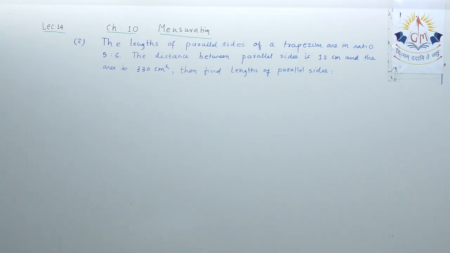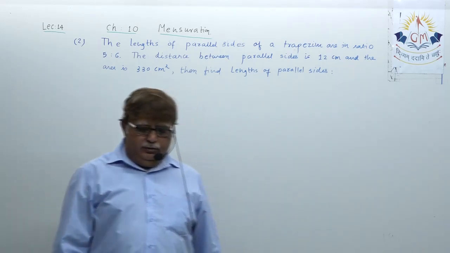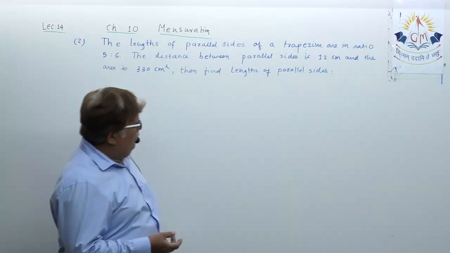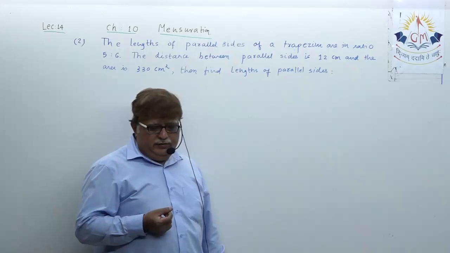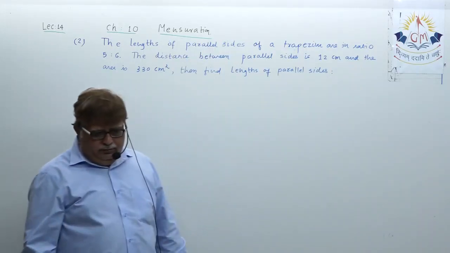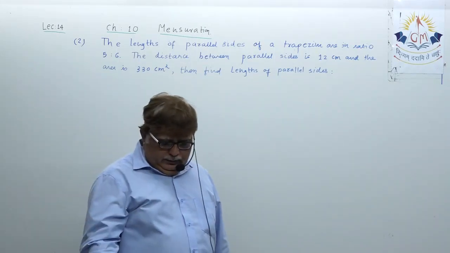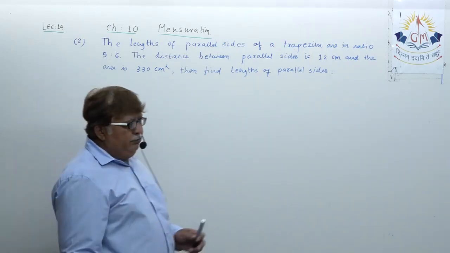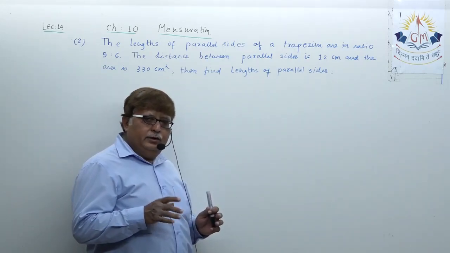Then I will definitely solve the example for you, but I want you to think, because you last attended lecture number 13 and I think we took this concept of area of a trapezium way back around lecture number 9 or 10, so maybe something went out of your mind. I think you must have conceptualized at least something in your mind.